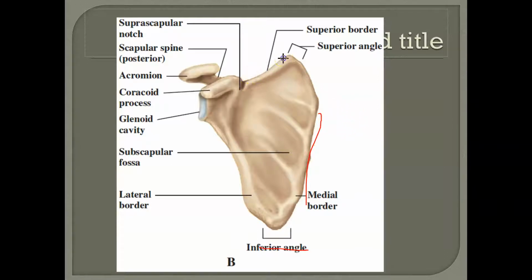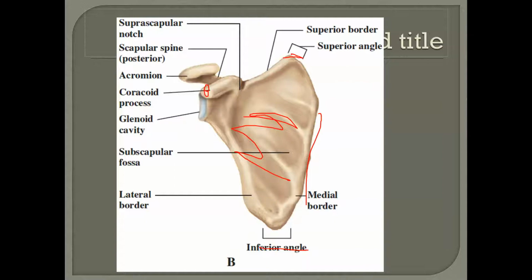You've got the superior angle of the scapula, the glenoid fossa right here, and the coracoid process. That's where the short head of the bicep goes. And on this side right in here is where the subscapularis would be.